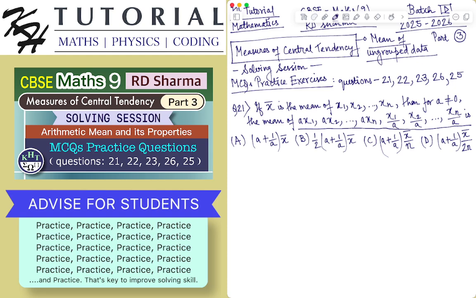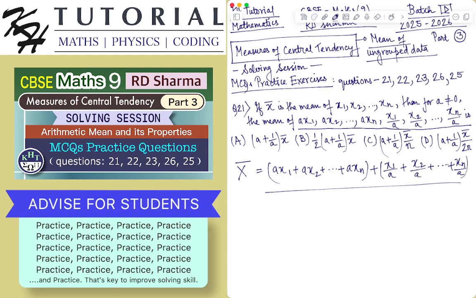So if I consider the mean to be capital X bar, it will be ax1 plus ax2 like this up to axn, and then again I have to sum the observations x1 by a plus x2 by a like this xn by a, and then this whole divided by the total number of observations.